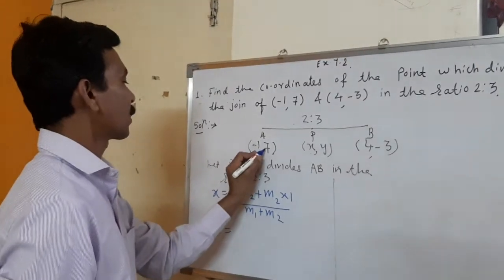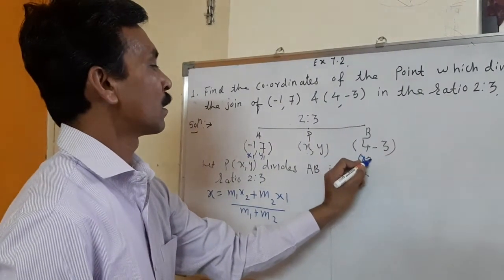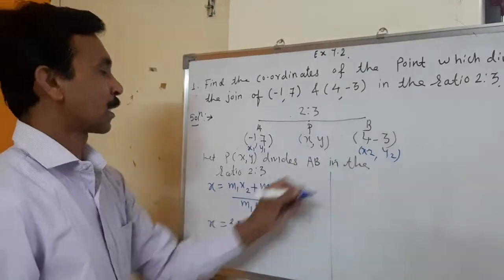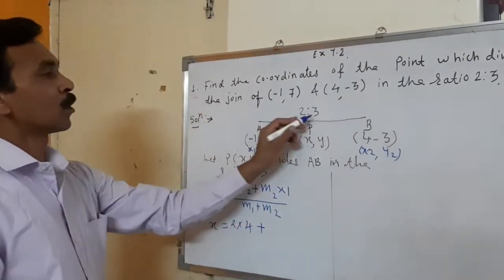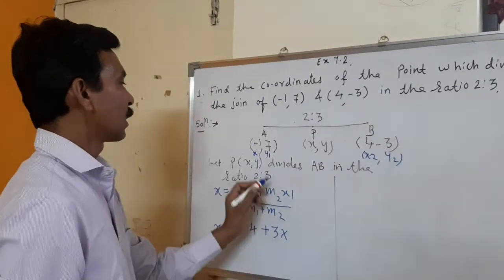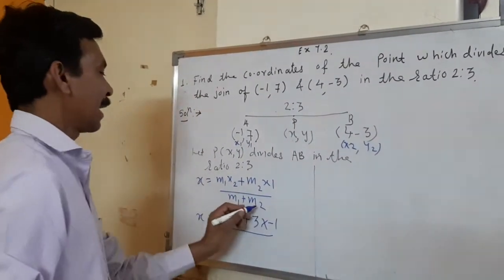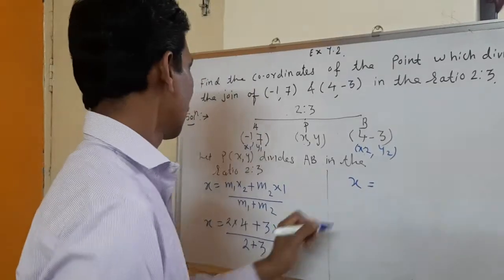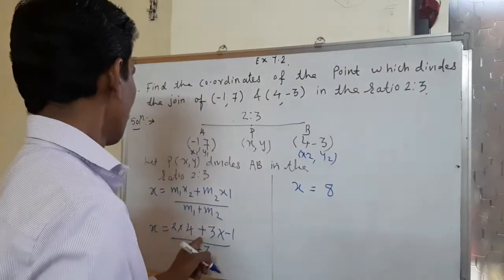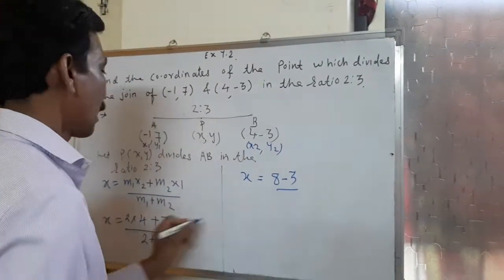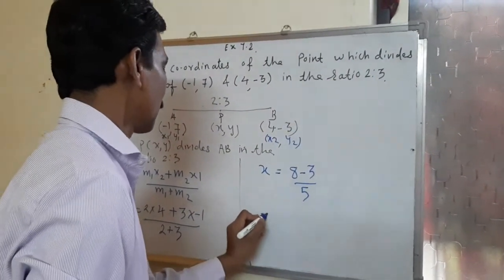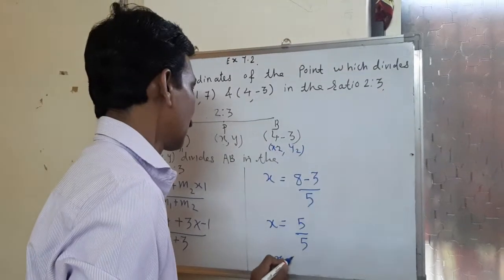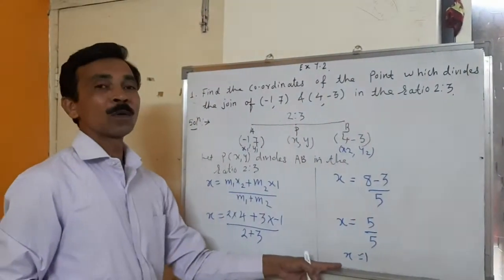This is x1, y1, this is x2, y2. So m1 is 2 into x2 which is 4, plus m2 which is 3 into x1 which is -1, upon m1 plus m2, which is 2 plus 3. x is equal to 2 fours are 8 plus 3 into -1 is -3 upon 2 plus 3 is 5. x is equal to 8 minus 3 is 5 upon 5. x is equal to 1. So we have found the x coordinate.